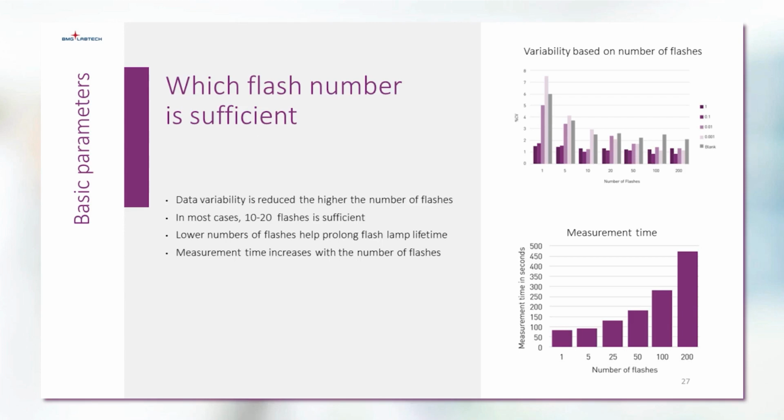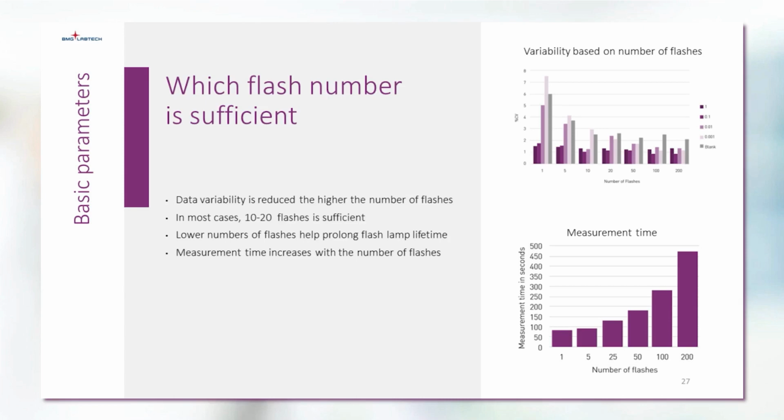For most assays, 10 to 20 flashes are sufficient to achieve good results, as was the case here. This gave variability values between 2 and 3%, even for blank and low concentration samples. Thus, using more than 20 flashes only resulted in minor improvements of variability.